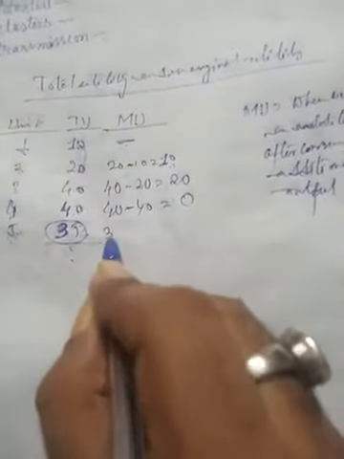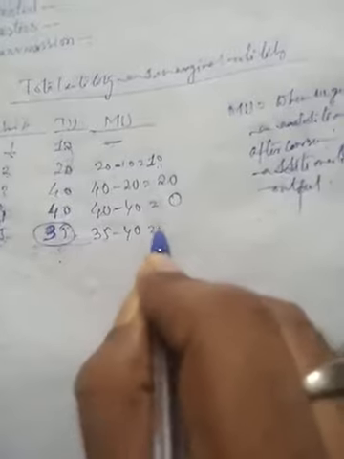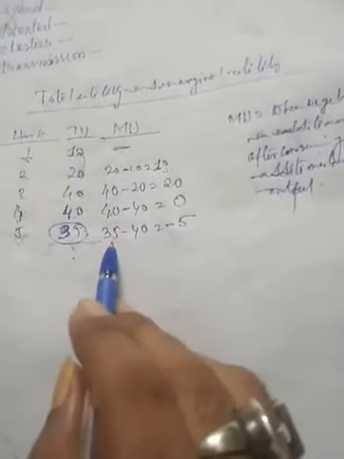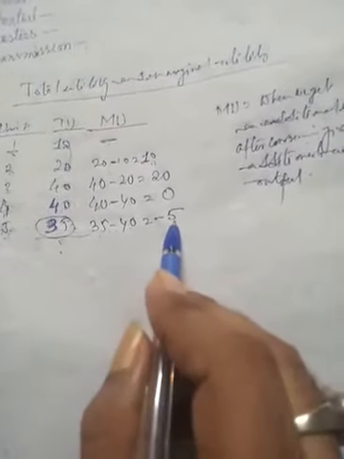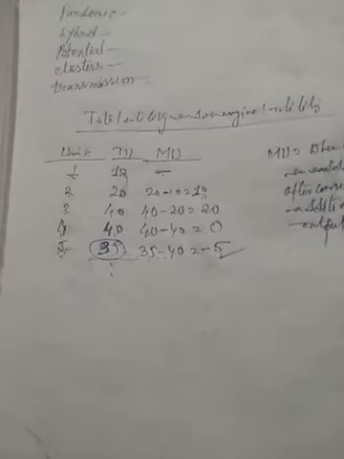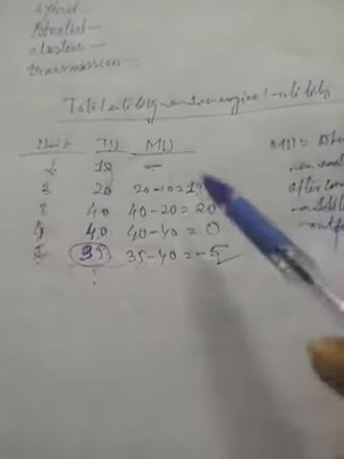That is why our marginal utility will be negative. 35 minus 40, that is minus 5. In this way we discussed total utility and marginal utility.